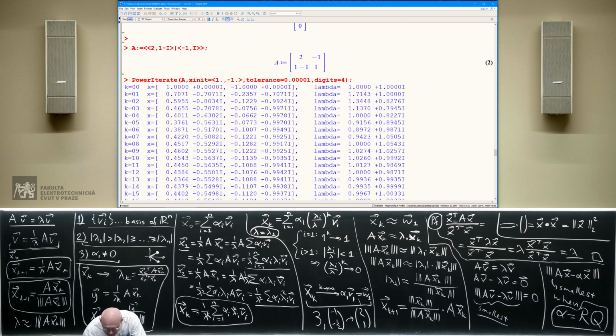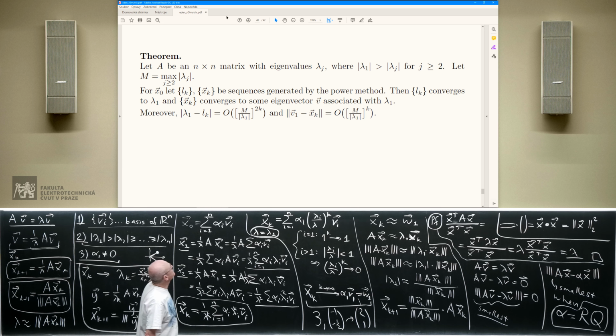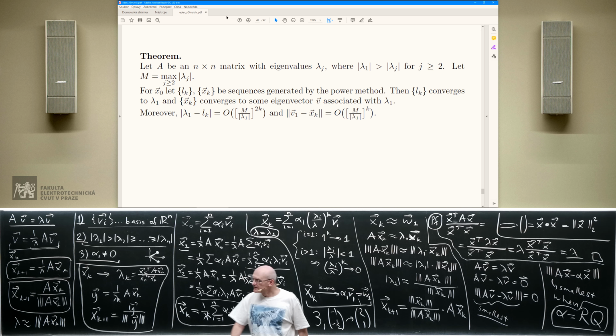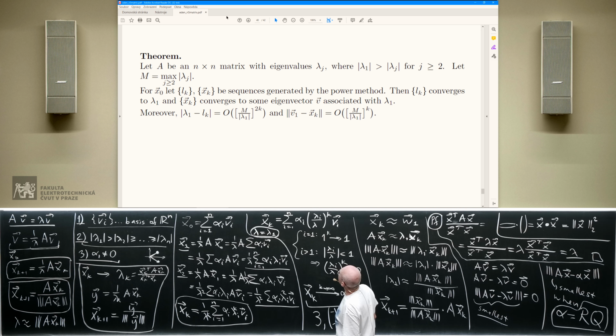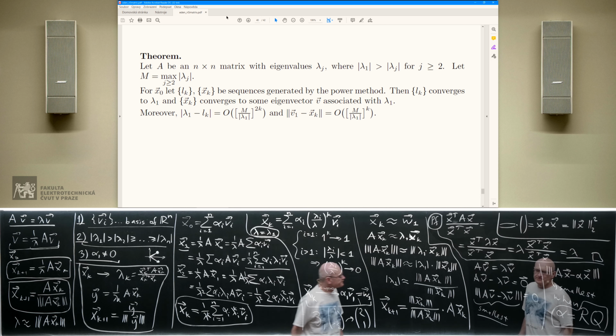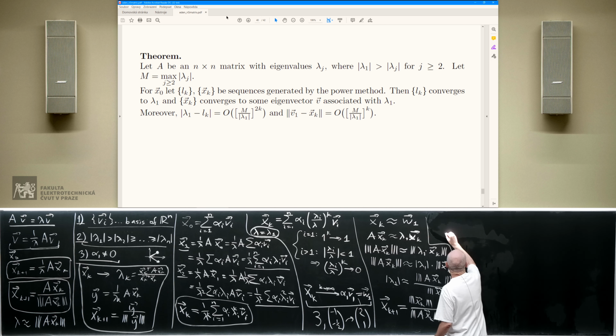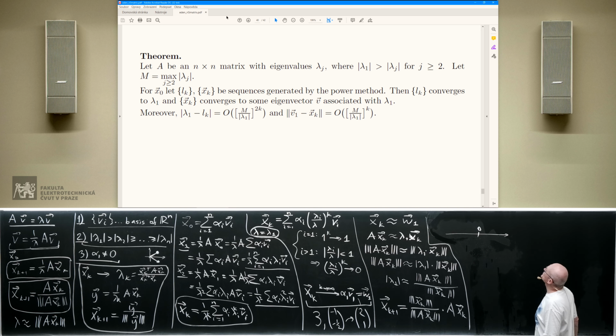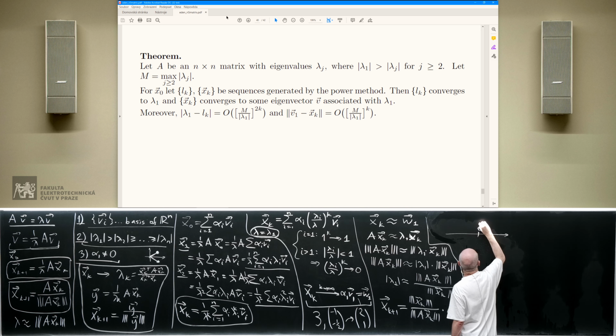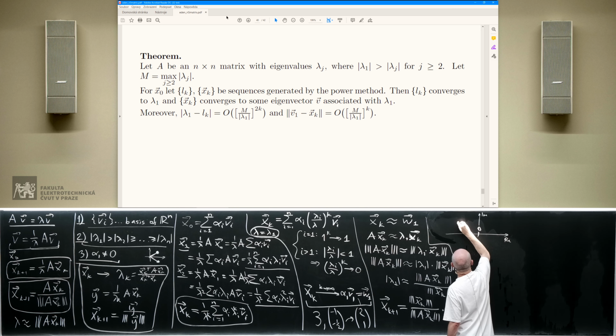Okay, here we go. So here we have a theorem. And to explain it, I think I will need some room. Okay, so we have some eigenvalues. Here is 0, and the largest one is lambda 1. So it could be, let's say, this one. They can be complex. So for instance, this is the largest eigenvalue, lambda 1. And now there are some other eigenvalues.